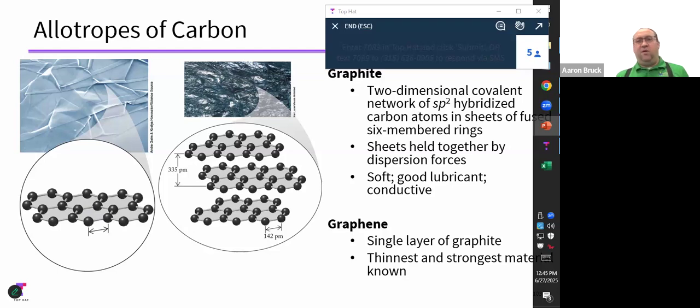In graphite, what we see is this array of sheets of these planar molecules where we've got these six-membered rings that are bonded together. We can see that each carbon is bonded to three others covalently.